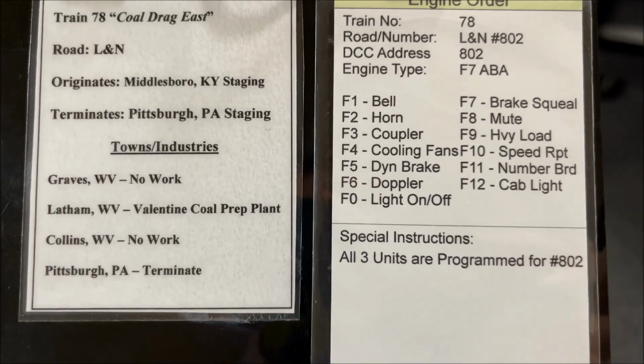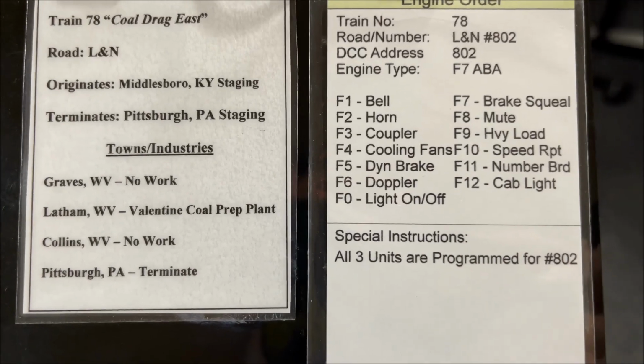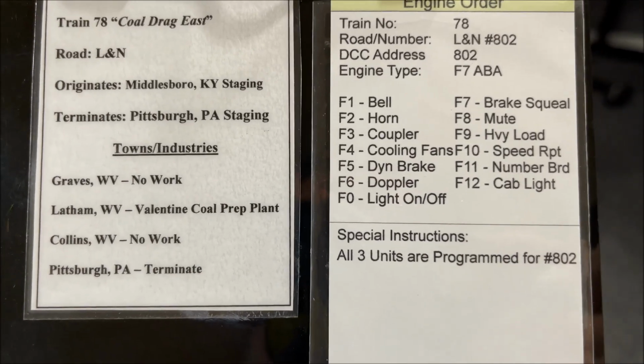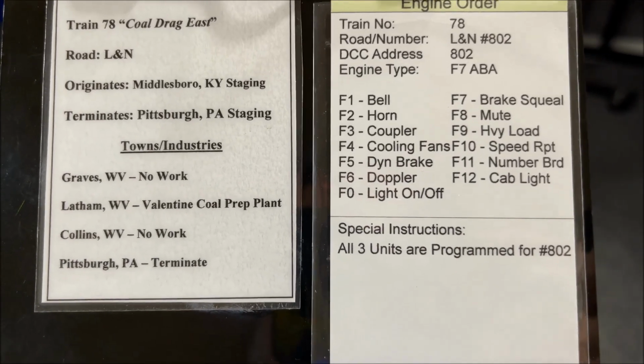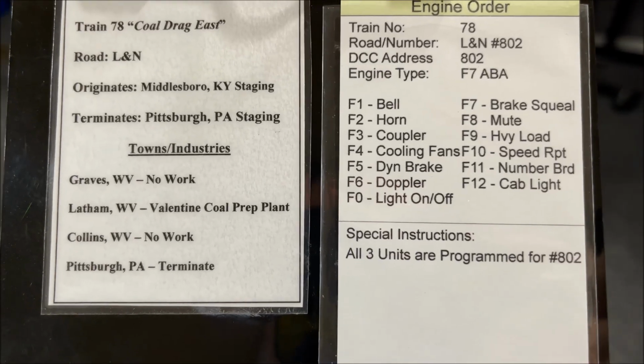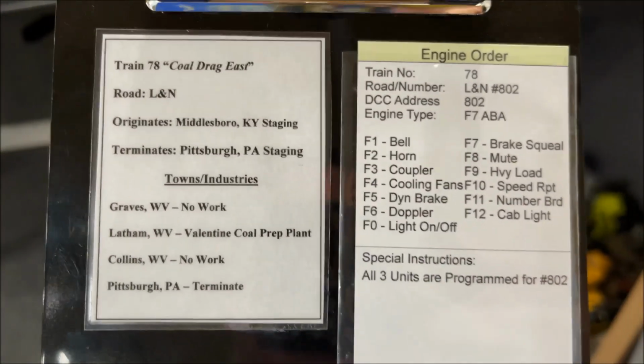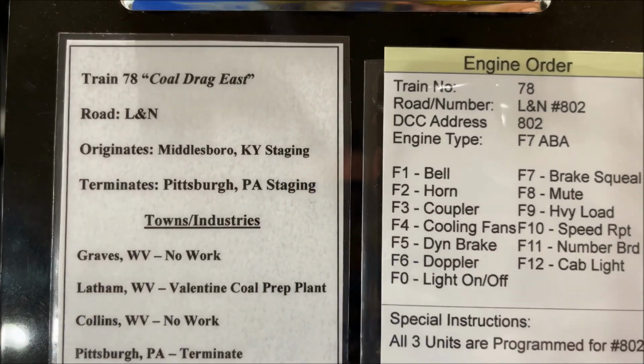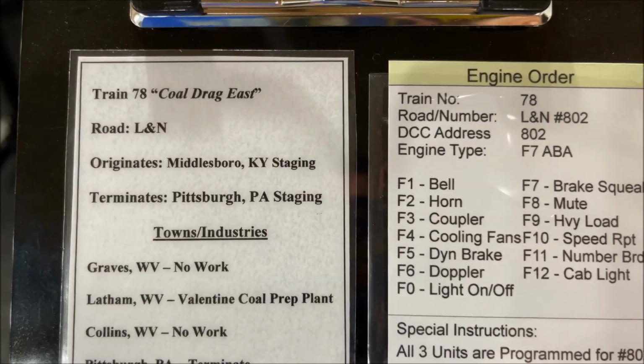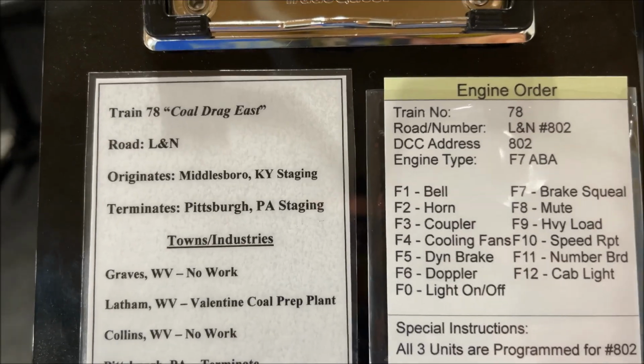If there are industries to be switched in any of the towns, they'll be listed here. And if there's no work, it will be noted as well. So the first thing you would want to do with this is find your originating staging yard. So this one is Middlesboro, Kentucky.